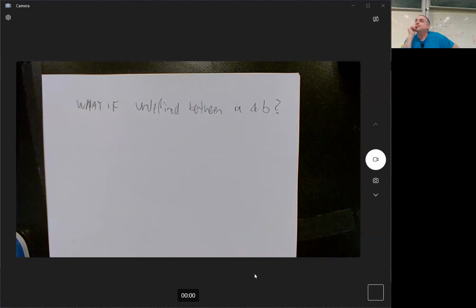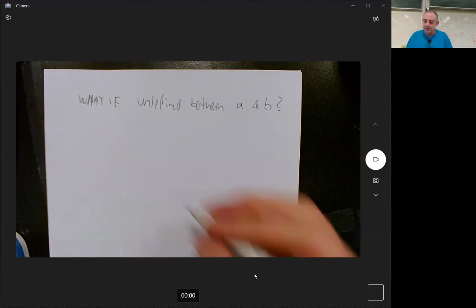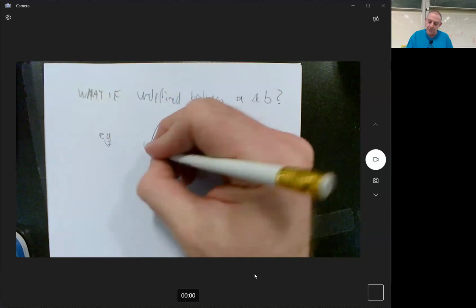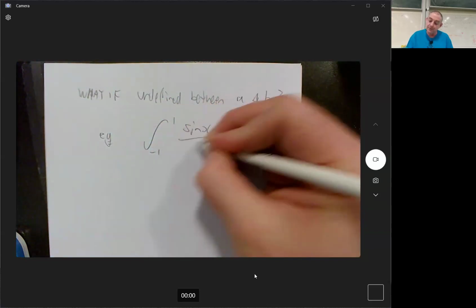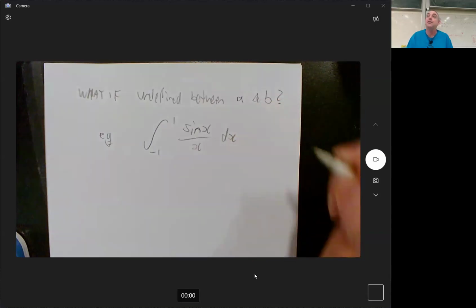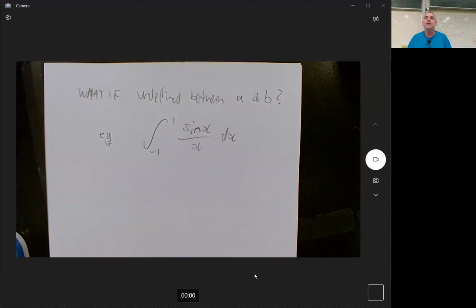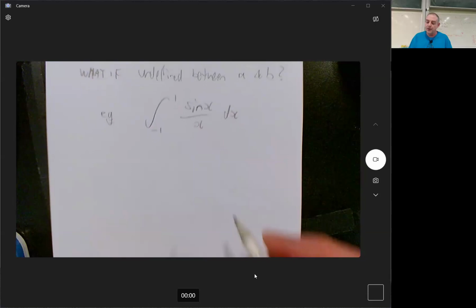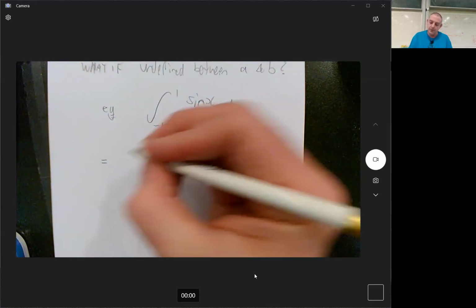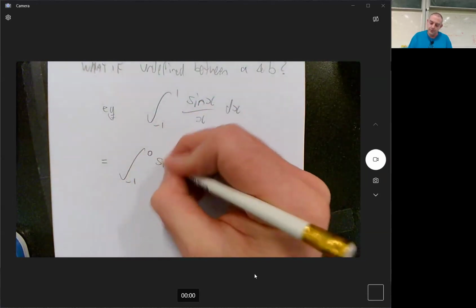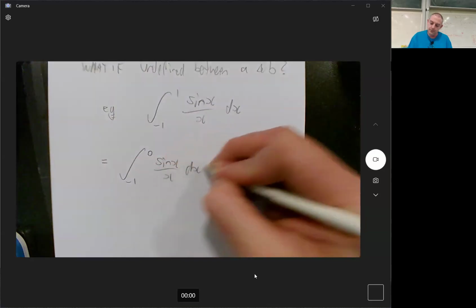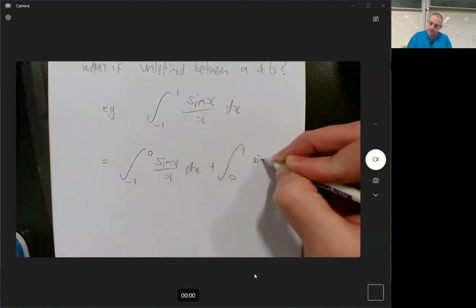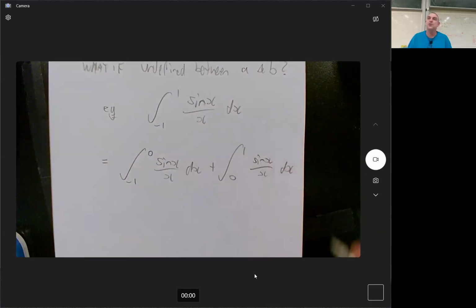But you could theoretically, so e.g. the integral from -1 to 1 of sin x over x, which I do not recommend attempting to integrate. It's not fun. It's not like the quotient rule has a reverse. That's not defined when x is 0. But you could turn it into that if you wanted.